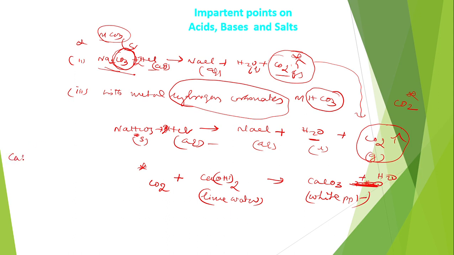See, this is also very important, calcium carbonate. So where you will see this calcium carbonate? Calcium carbonate is nothing but the chemical composition of limestone is calcium carbonate, chalk, calcium carbonate, marble, calcium carbonate, okay, and egg shells, calcium carbonate.